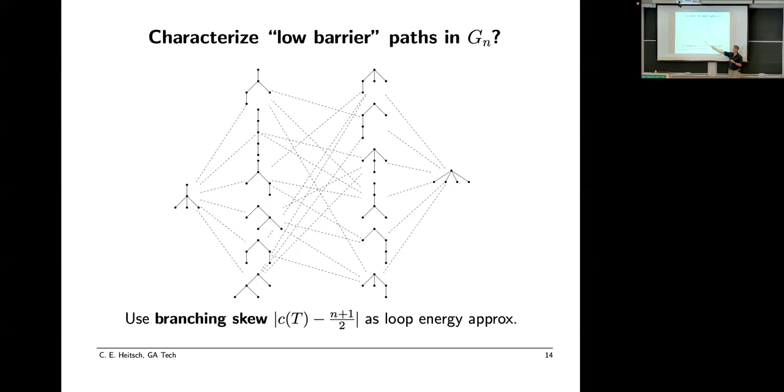The 2 star trees have the maximum degree of branching, and the middle ranks have the lowest degree of branching. So what I'm really measuring with this is how close to the middle am I? The farther I am from the middle, the larger this value is going to be. And that has implications for what the maximum degree of branching in the tree is going to be.